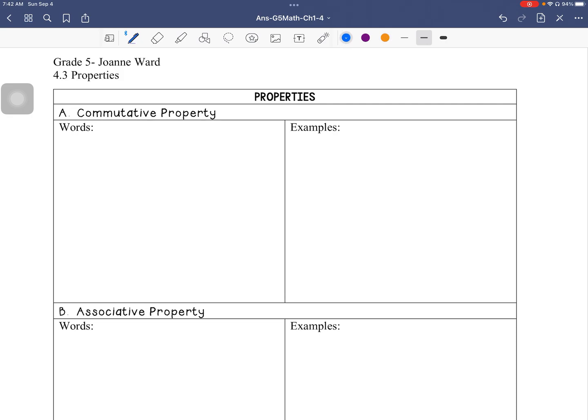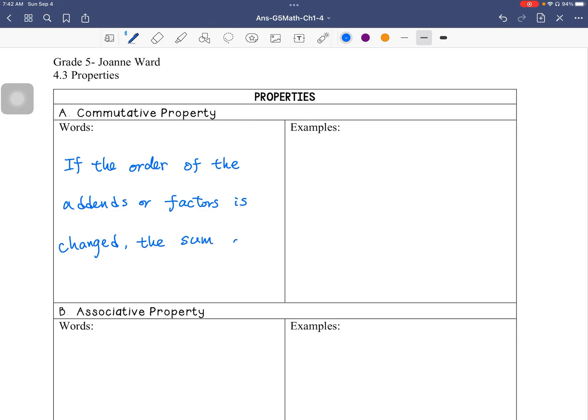Number 1, what is the commutative property? If the order of the addends or factors is changed, the sum or product stays the same.